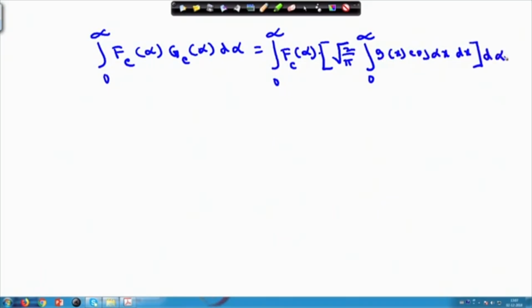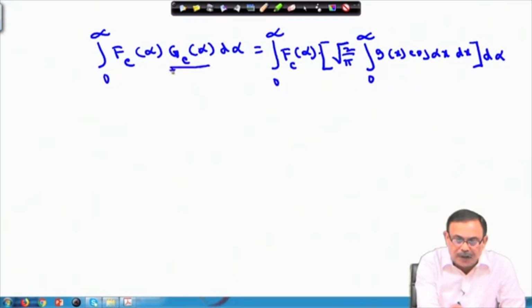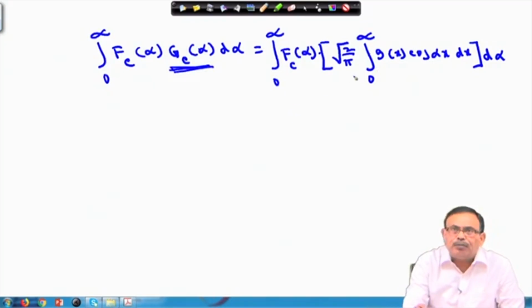So basically, I am replacing this G_c, that is Fourier cosine transform of g(x), by the definition, root over 2 by pi 0 to infinity g(x) cos of alpha x dx.